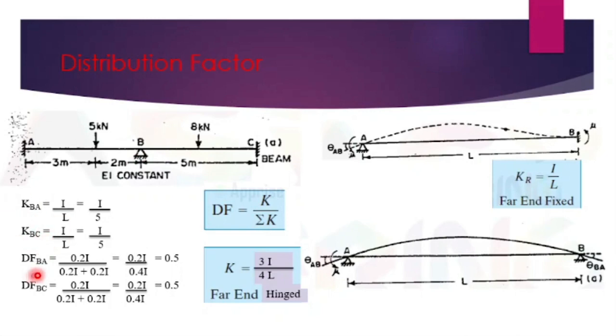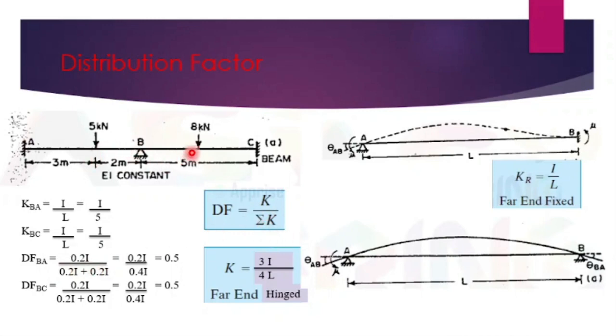How to find distribution factor for BA? The formula is K divided by summation of K. What is K? If you are taking distribution for BA, the stiffness of BA is how much? I by 5. So 1 by 5 is how much? 1 by 5 is 0.2, isn't it? So 0.2 I, 0.2 I here, and you will be getting 0.2 I divided by, what is the summation of K?